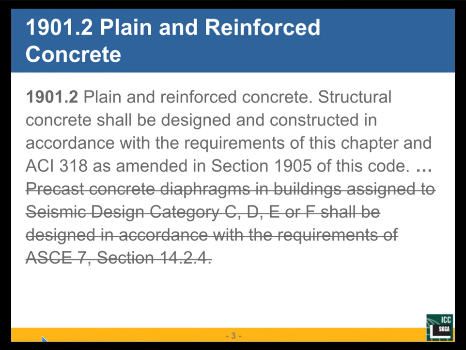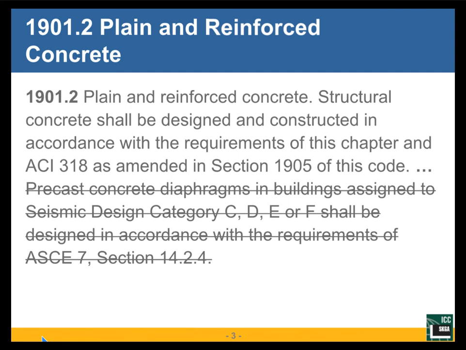Then we had a sentence in 2018 IBC that we have deleted now. It said precast concrete diaphragms in buildings assigned to seismic design categories C, D, E, or F shall be designed in accordance with the requirements of ACI 318, section 14.2.4.